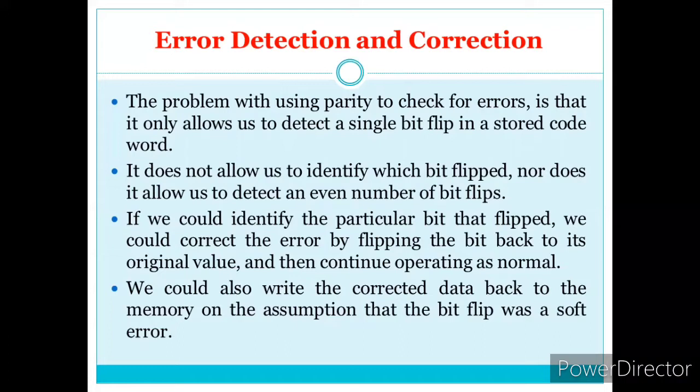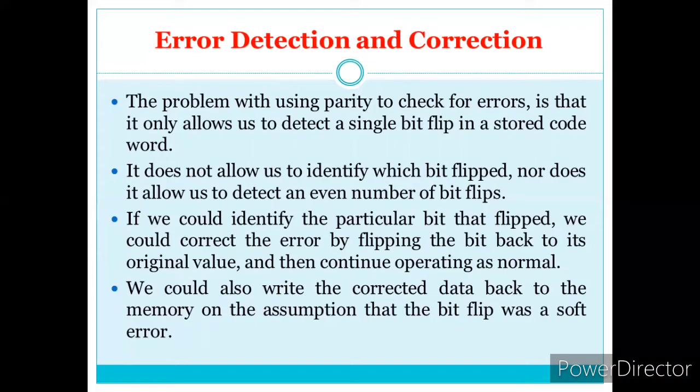Which bit has been flipped? Okay. If we could identify the particular bit that is flipped, we could correct the error by flipping the bit back to its original value and then continue operating as normal. So if we design it in such a way that after detecting the particular bit which is flipped, we can convert it back to the original value and continue the operation, we could also write the corrected data back to the memory on the assumption that the bit flip was soft.